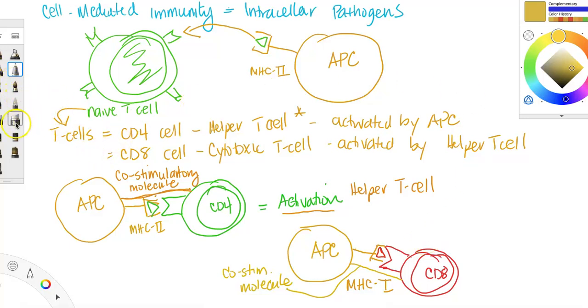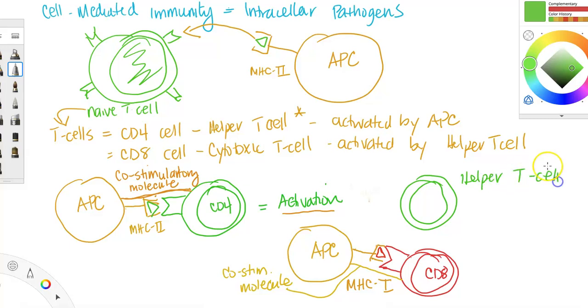So I'm going to erase this so I have a little more room here. Okay, so it requires a helper T cell. And this isn't a CD4 cell. A CD4 cell is naive. This is an activated helper T cell.